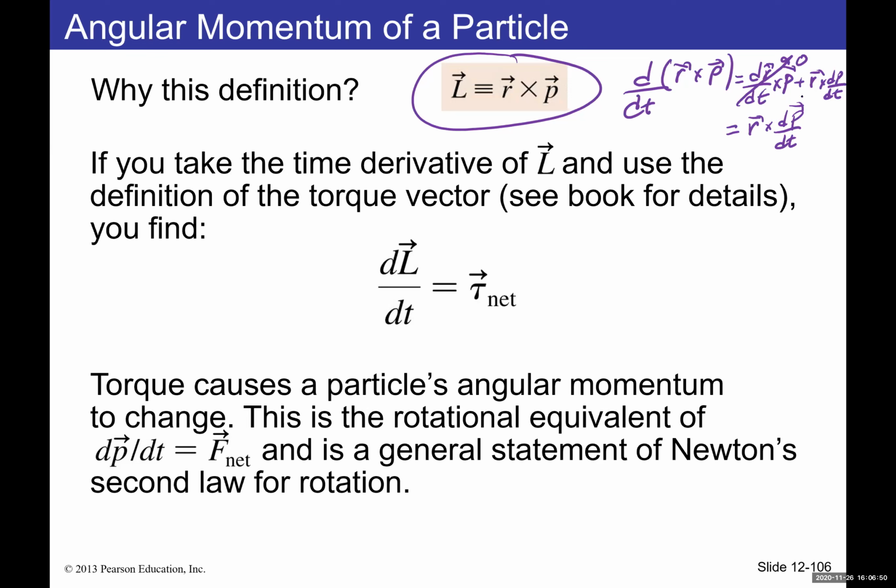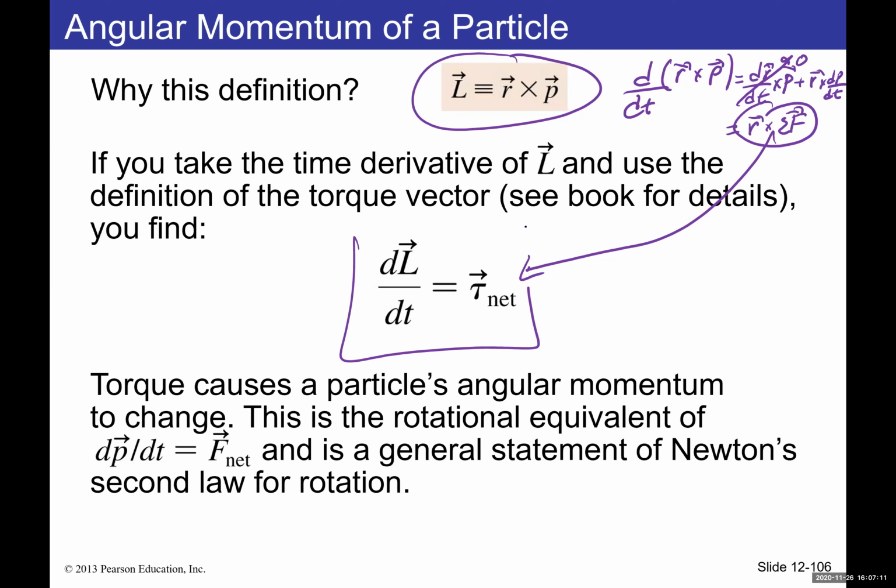So this becomes r cross F, and we just learned that r cross F is the torque. So the rate of change of the angular momentum with respect to time is equal to the net torque.